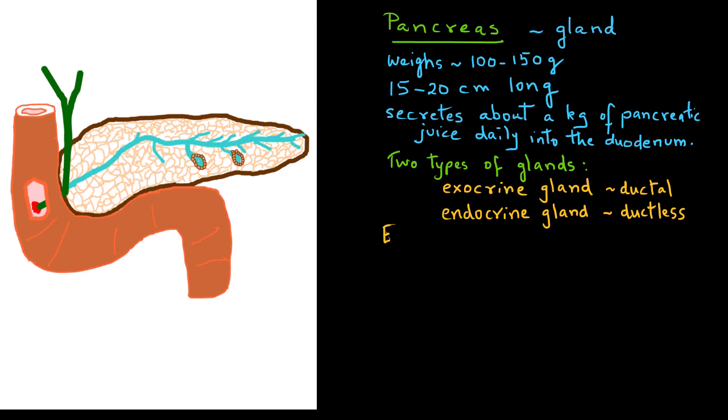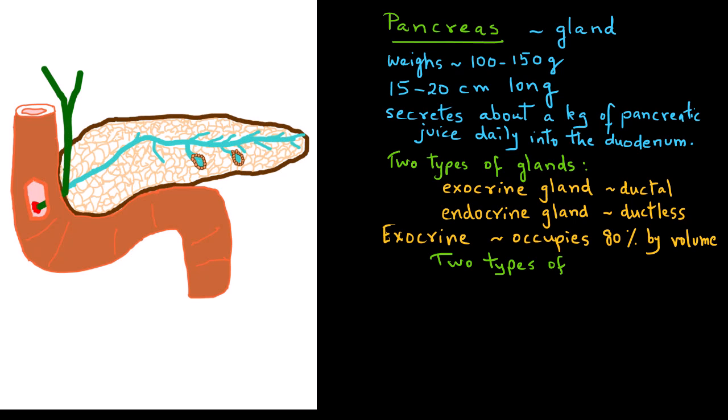So let's look at the exocrine part of the pancreas. It occupies somewhere around 80% of the volume of the pancreas. And there are two types of cells present in the exocrine gland.